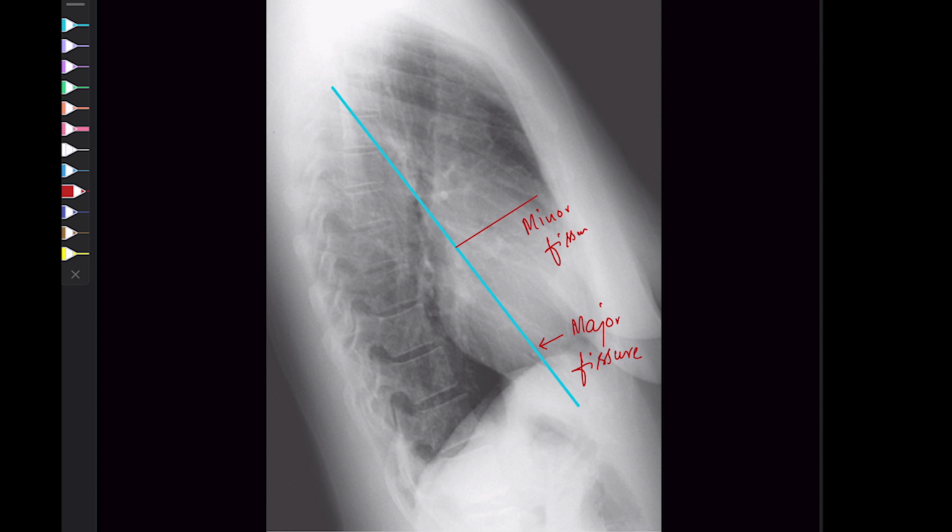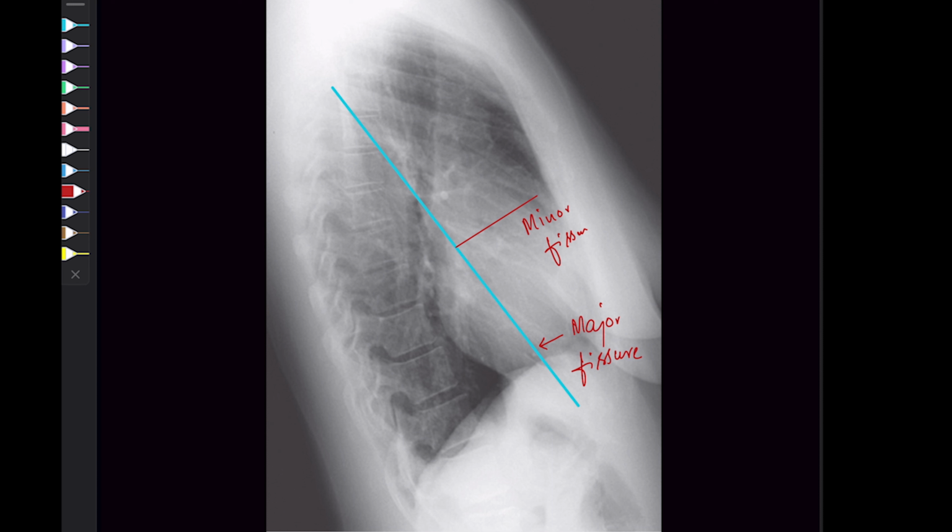Now, before we go, we need to remember one point. If we are looking into a chest X-ray and we see it's too light, what does it mean? It is not penetrated properly. So it is under penetration. So what are the possibilities? We can make mistakes. First, the left hemidiaphragm may not be visible on the frontal image because the left lung base may appear opaque.